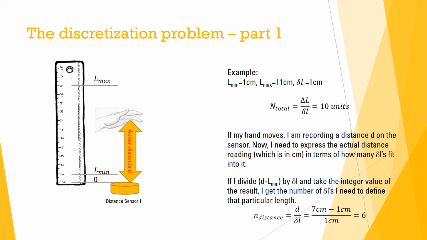In your situation, you can see that your hand is at about 7 centimeters, minus 1 centimeter over 1 centimeter is 6. So taking that same delta L and checking your work, you'll see that in fact you can fit about 6 delta L's between Lmin and your hand.